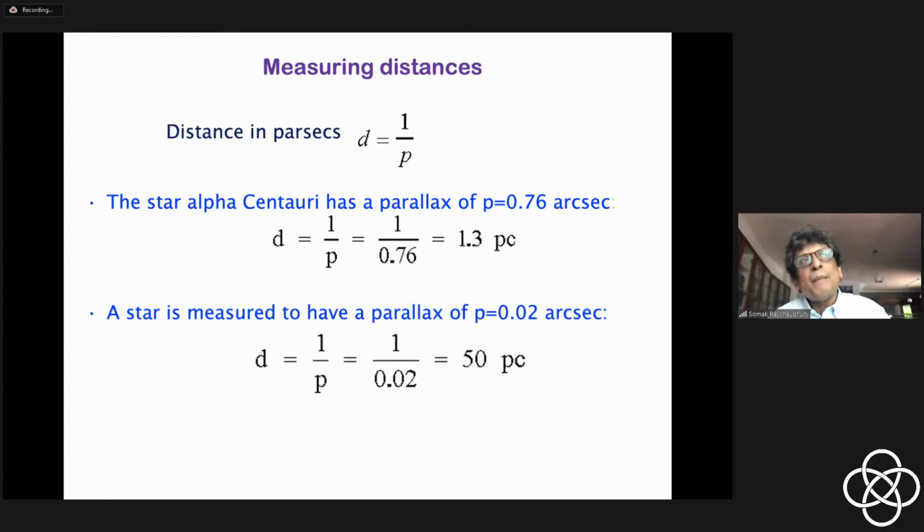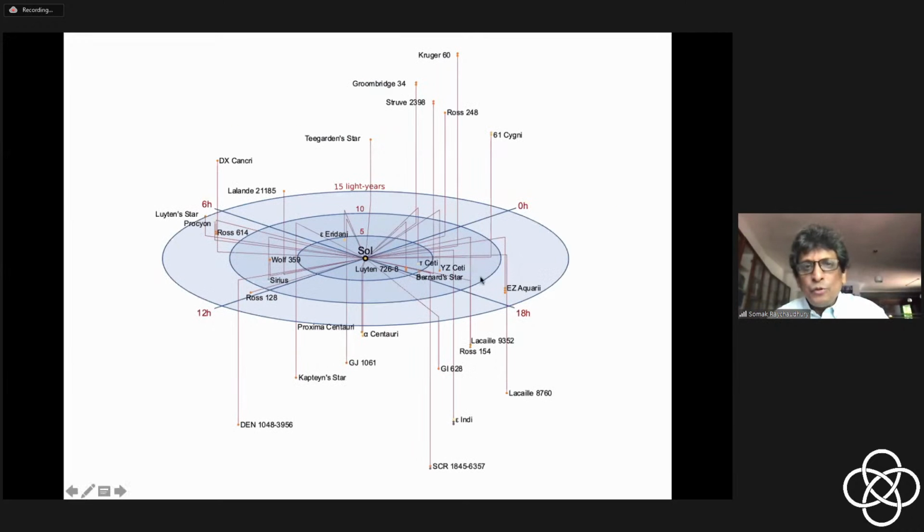And that is about the best you can get with a single measurement with the largest telescope on the best site in Hawaii, Mauna Kea, for example, which is the best place to do high precision measurements. If you can go out to even 5 parsecs, you have lots of stars nearby. These are all the nearby stars that you can see that are around the sun.